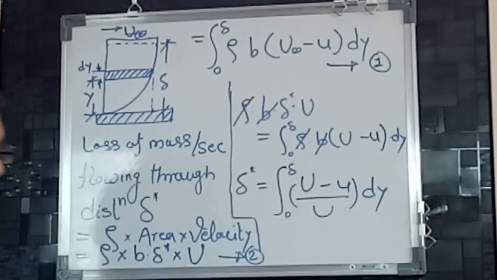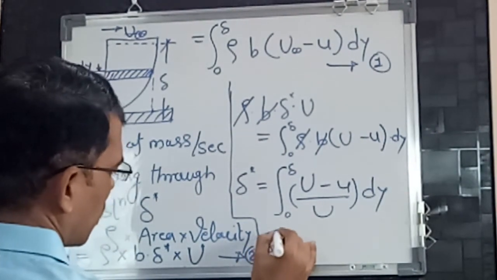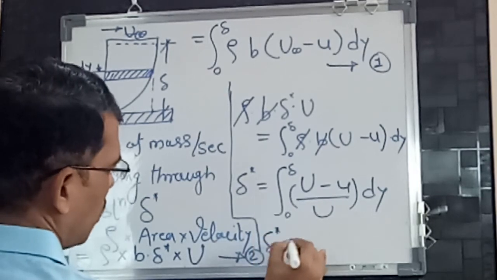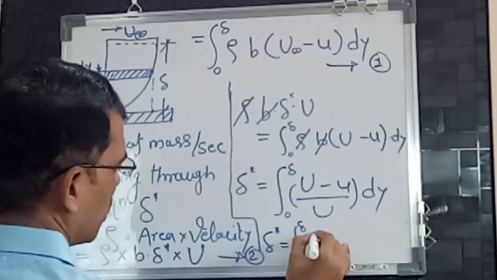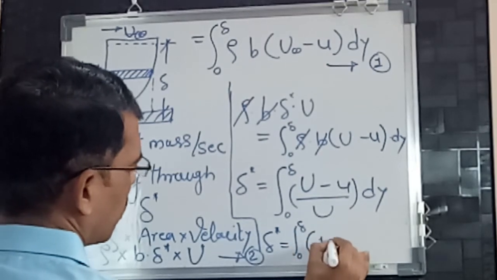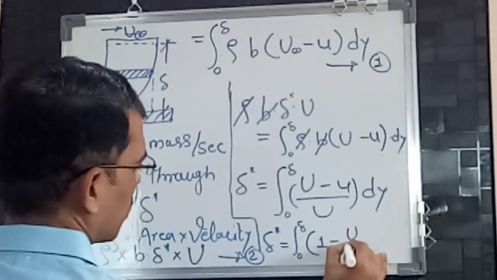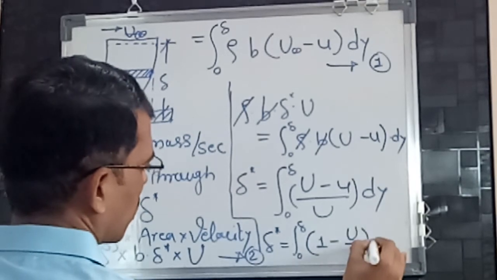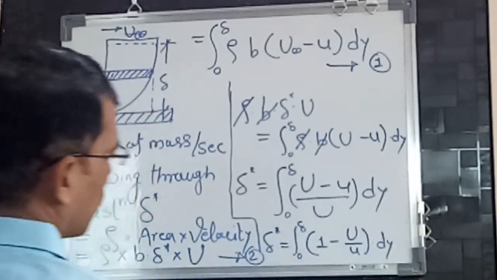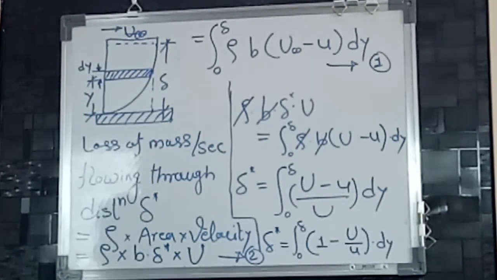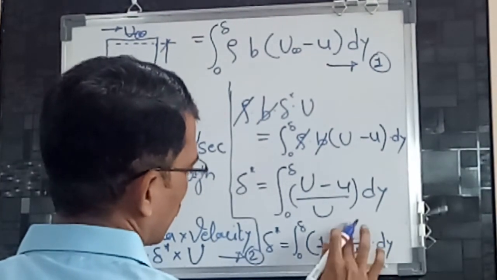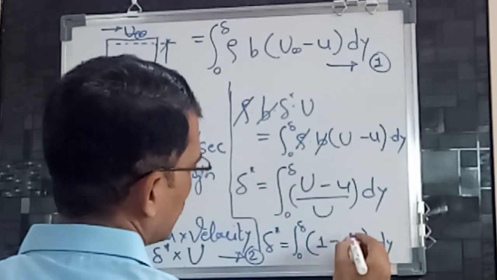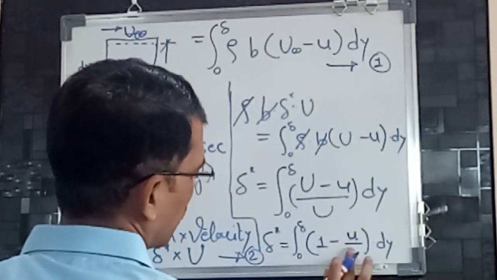Again I will simplify. Equal to integration 0 to infinity of 1 minus u by u infinity, if you simplify this, you will get this.